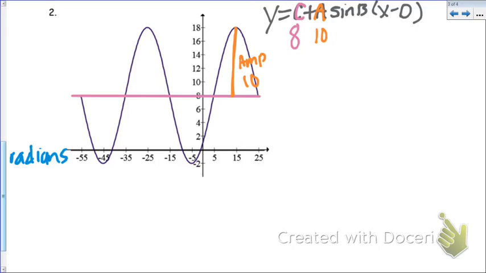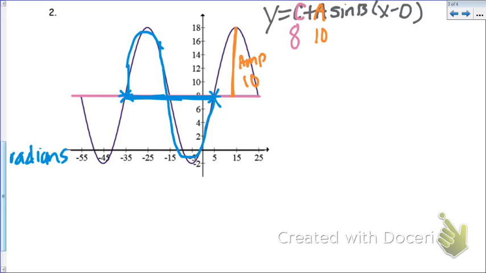On this graph, I'm going to pick any point, let's say this point right here. I need to figure out, if I start at that point, when that graph will complete a full cycle. The graph will go up, and then it'll go down, and then it will finish its cycle right there. So one period is from that starting point to that ending point.